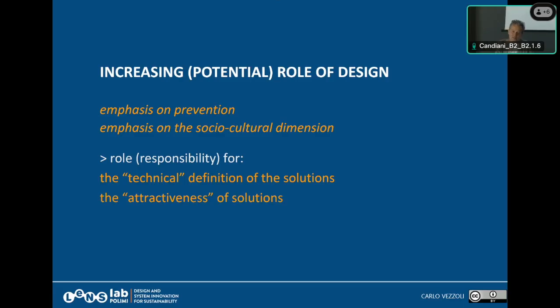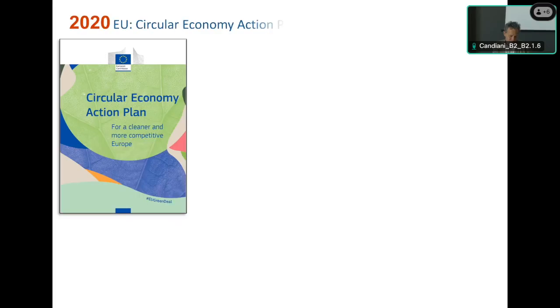But there is a role even in relation to the fact that we have to do something that is technically sustainable, but then attractive. If I have an unsustainable product on the market, I want that this is purchased by someone, and that someone has to perceive this as better than the unsustainable solution. So it has to be more attractive. And we will come to this in relation to the aesthetic of sustainability at the end.